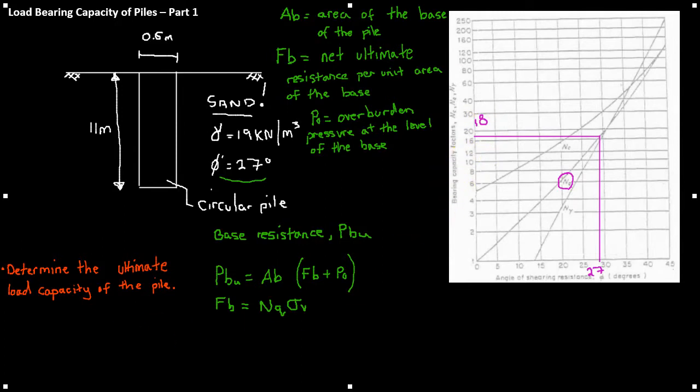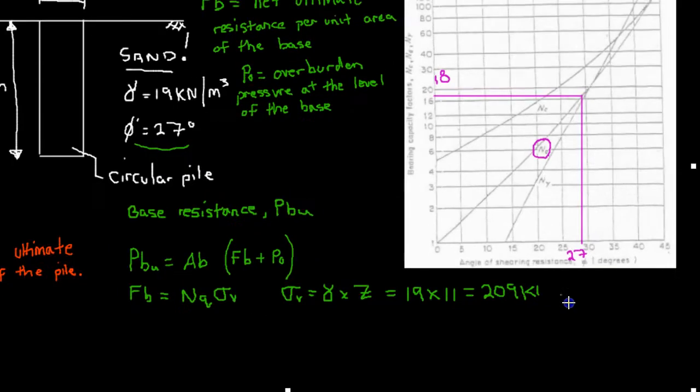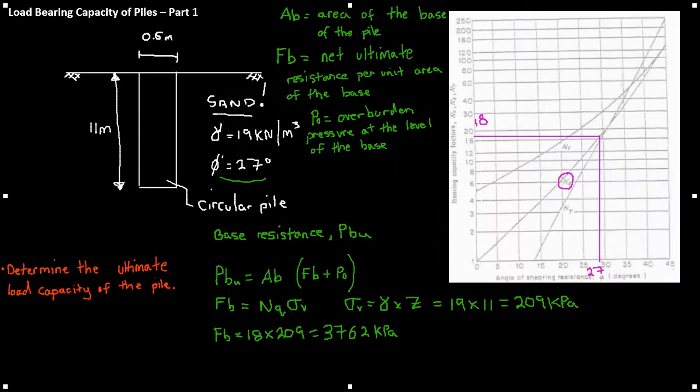Then we can go on to calculate our sigma V. Sigma V is simply the unit weight times the depth of the pile. So that's 19 times 11 equals 209 kPa. So our FB equals 18 times 209, which equals 3,762 kilopascals.